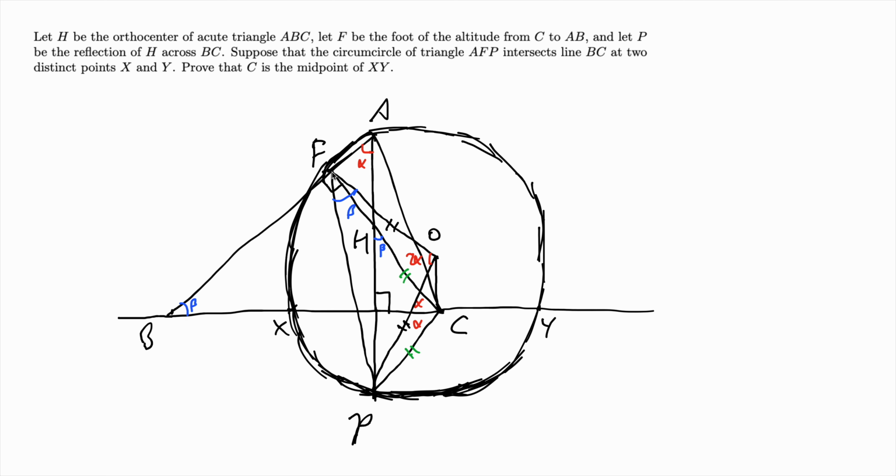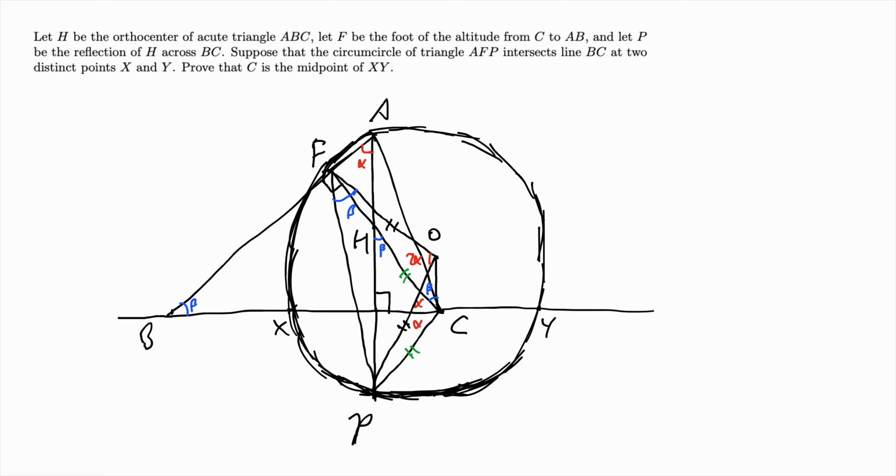That means triangles FOP and HCP are similar by SAS similarity. That's why this is beta, this is beta, this is beta. Therefore, we proved that this is 90 degrees.